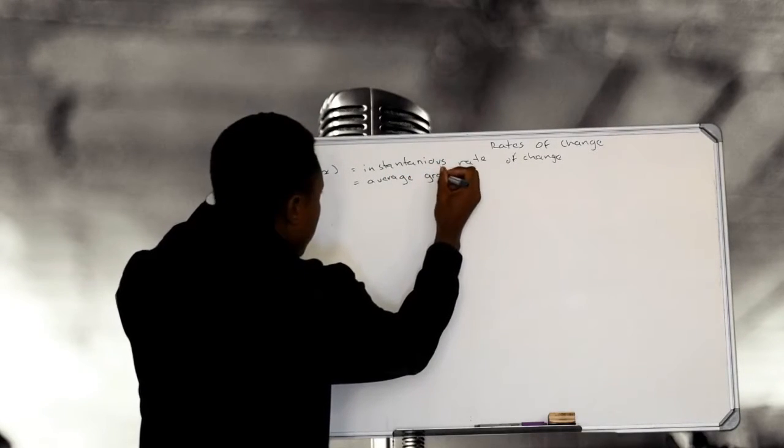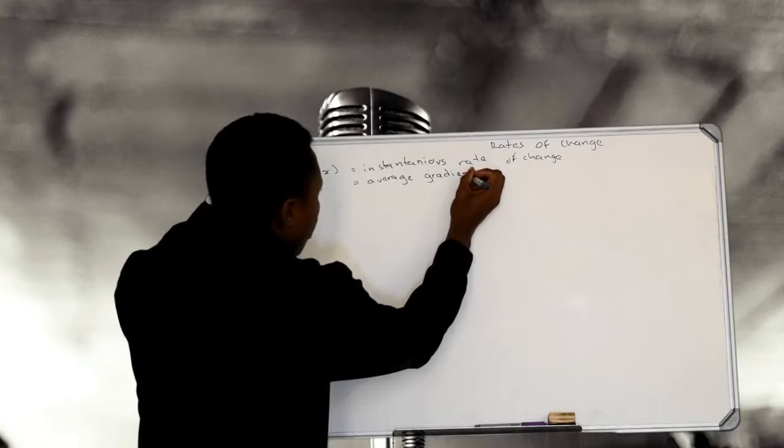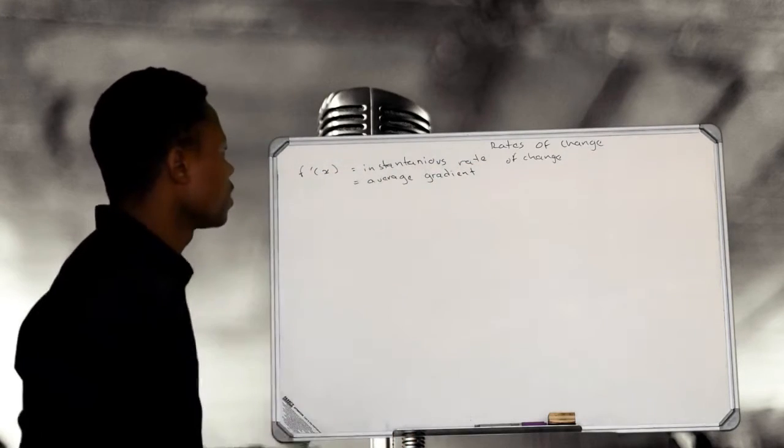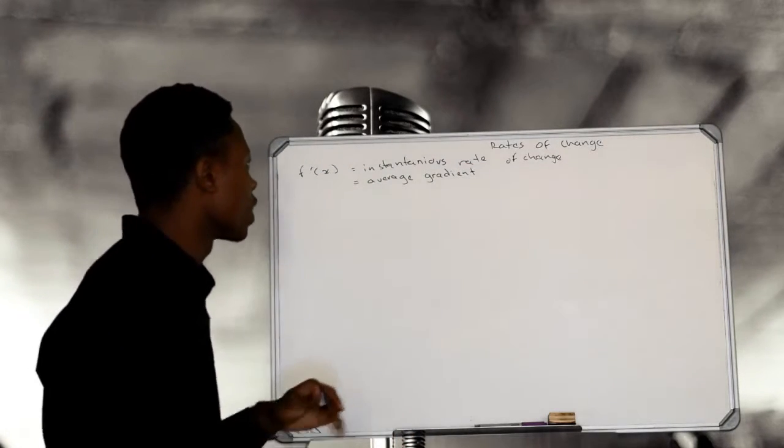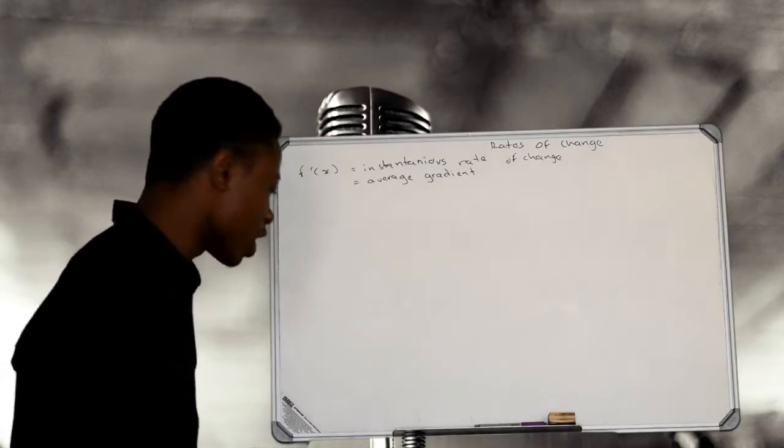We already know this. This is stuff from a couple chapters back. Instantaneous rates of change is the new thing. Average gradient, we already knew that, right?